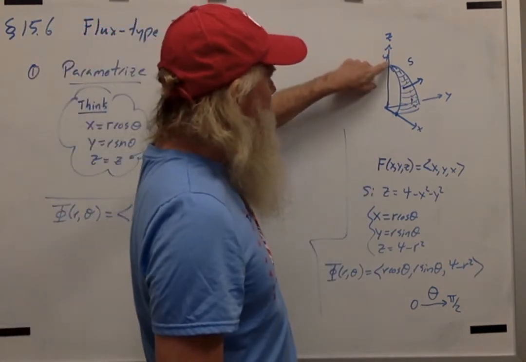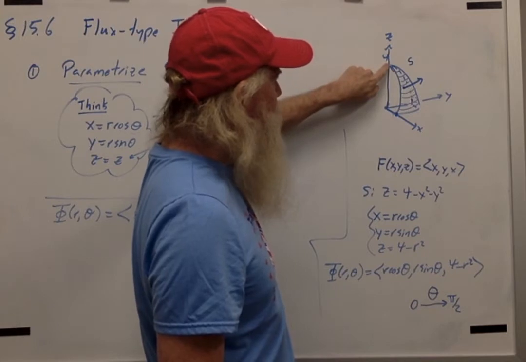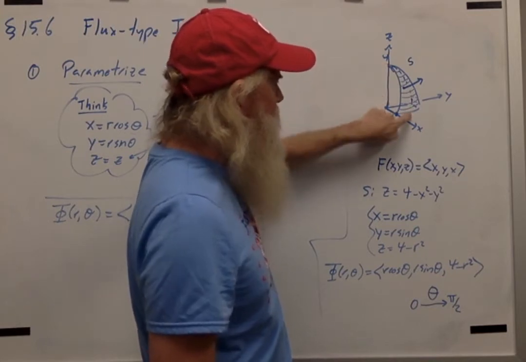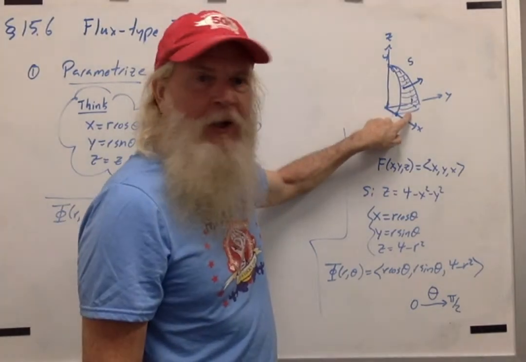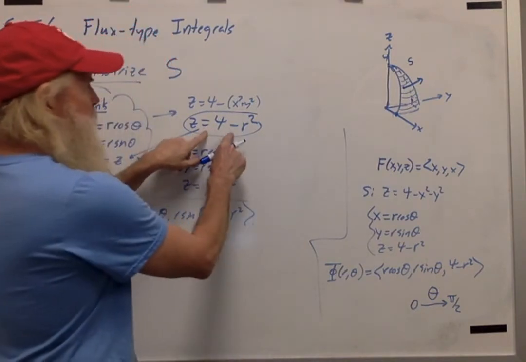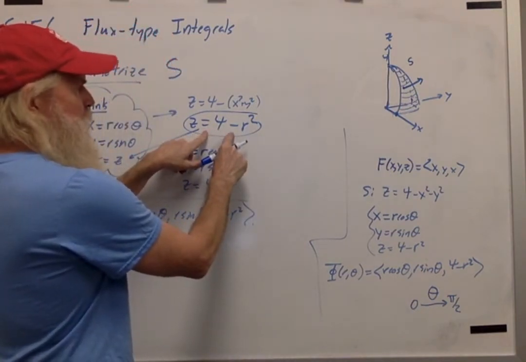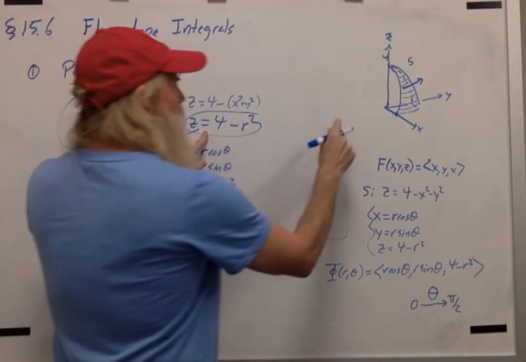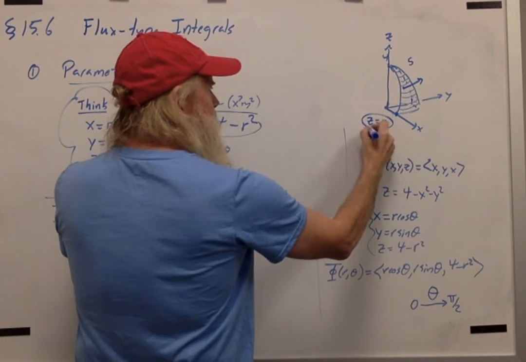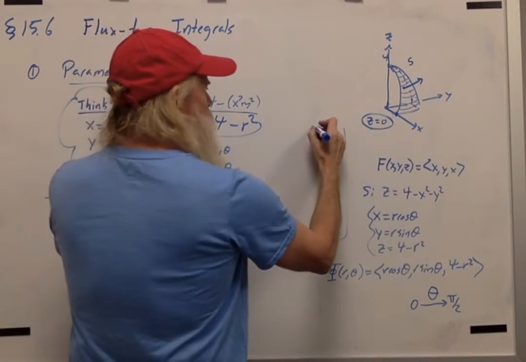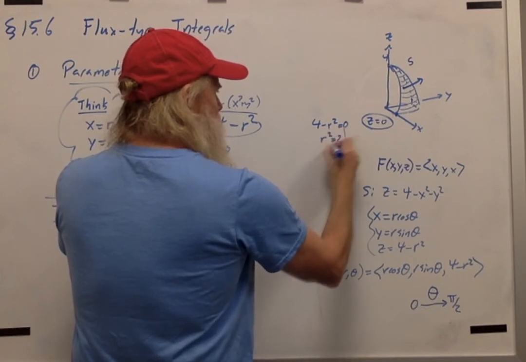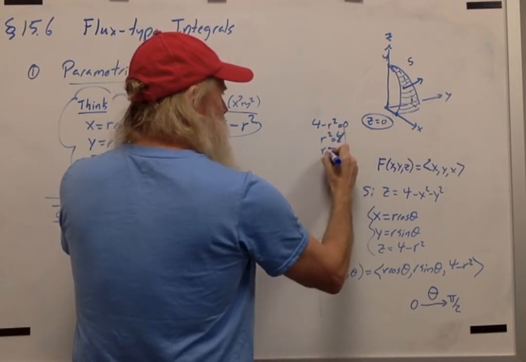Now thinking about r, I want to start at a radius of 0, which would be on the z-axis, and stop when I get to the xy plane. Remember the xy plane is when z equals 0. Here's the equation of the paraboloid, z equals 4 minus r squared. If I intersect that with the xy plane, z equals 0, then 4 minus r squared is 0, which means that r squared is 4, so r is 2.